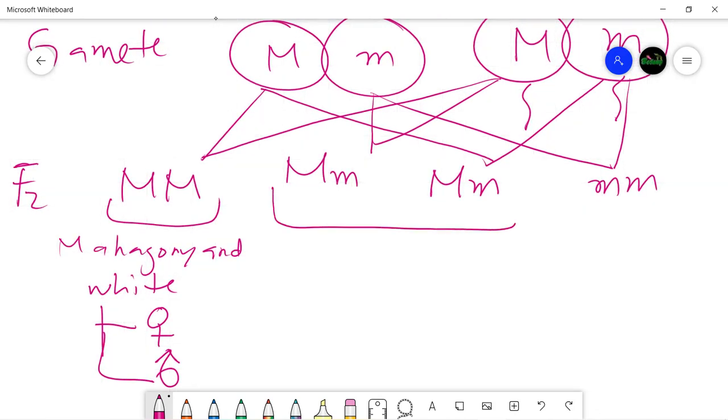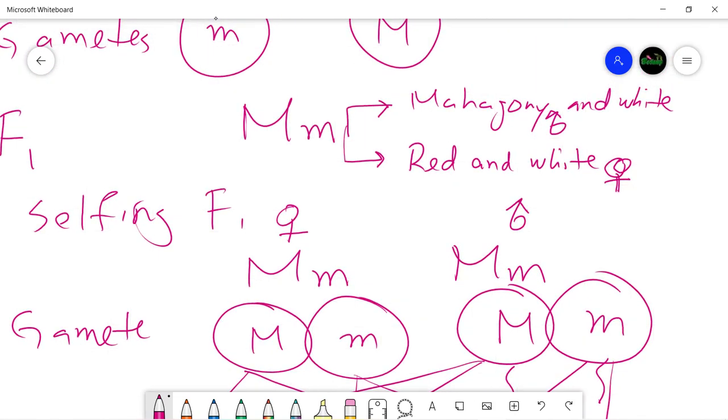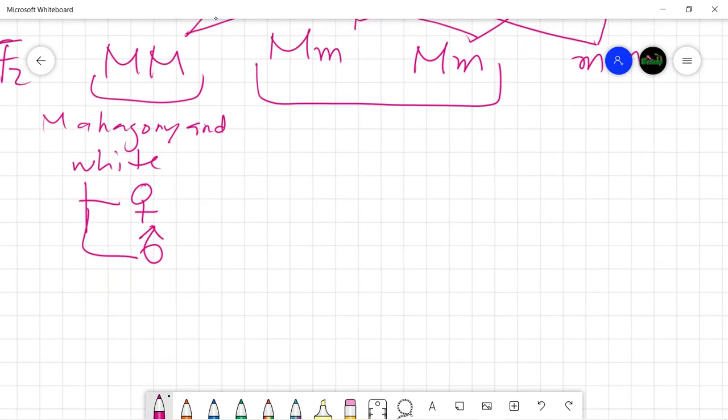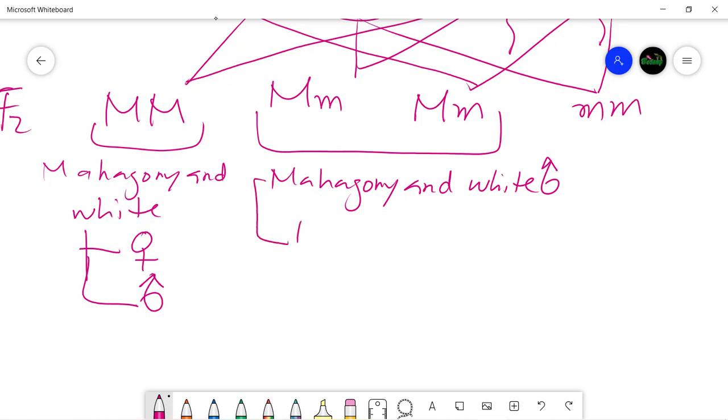However, in heterozygous condition, as we have just seen, it is different and it depends upon the sex, the gender of the individual. So it will be mahogany and white if it is a male, and it will be red and white if the individual is a cow or a female.